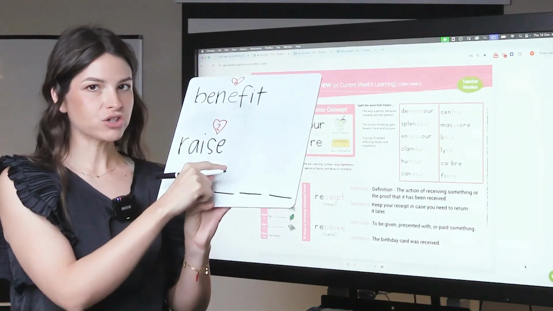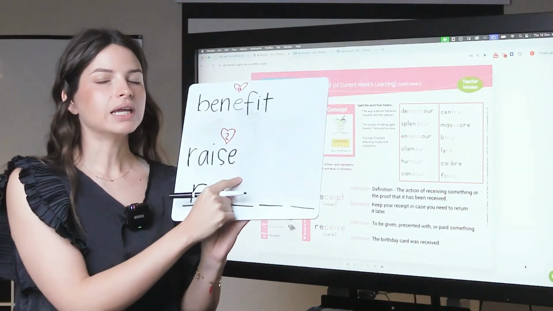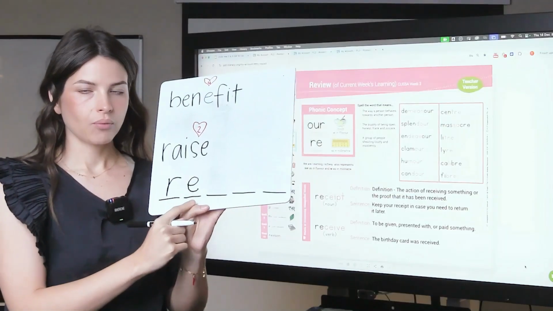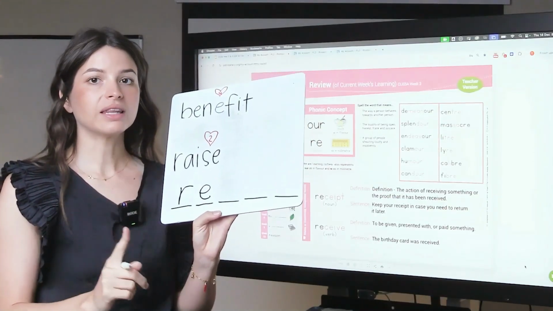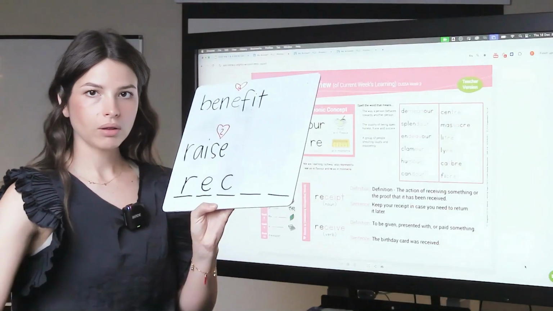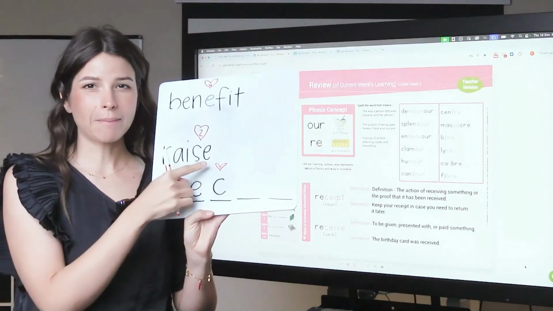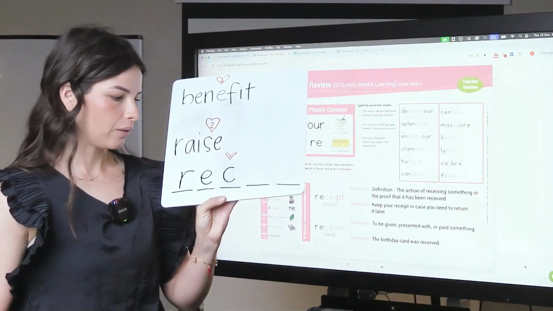Now this part might be tricky if you can't remember, but in this word, we say it like S, but we write it with the letter C, okay? So we're going to put a little heart above, just to remember that might be also tricky for us as well.